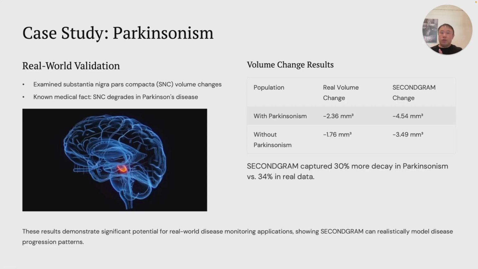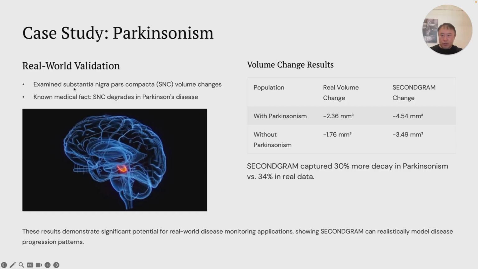And we also did a case study for Parkinsonism. Here, this is a real-world validation. Instead of just measuring some statistical performance, we want to test whether SECONDGRAM captures the actual medical knowledge about disease progression. So here's some medical background, which is very interesting.